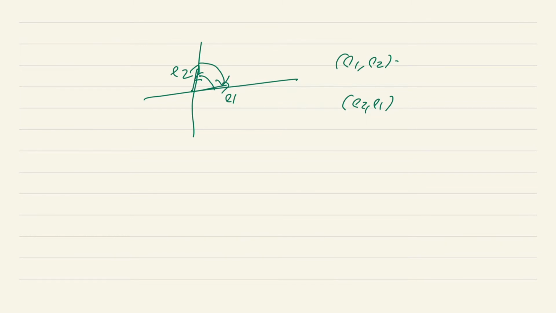So the orientation of a manifold is defined as follows. Let M be a manifold.